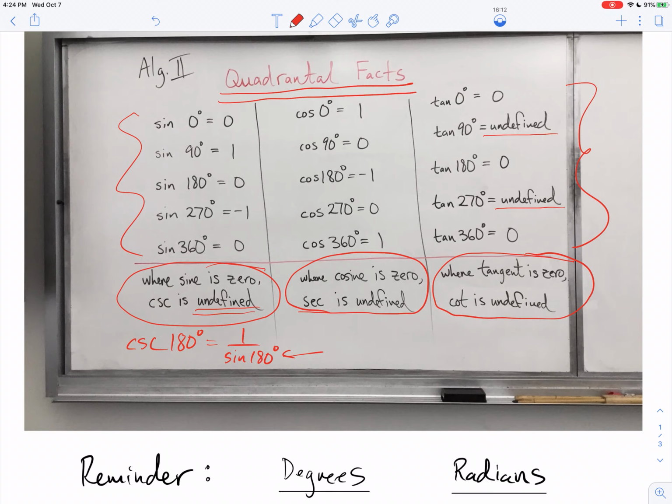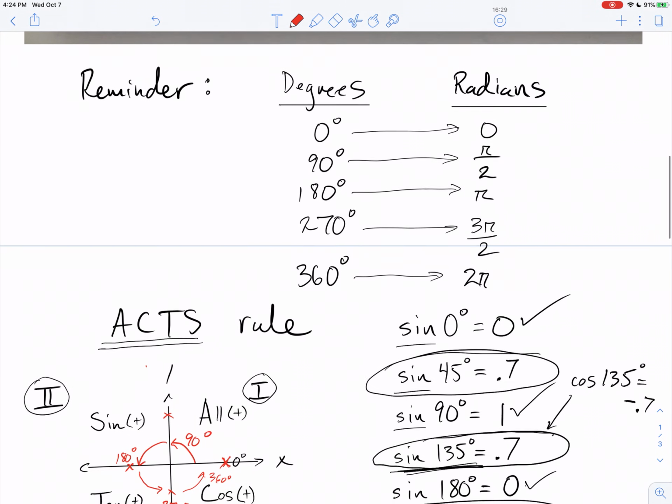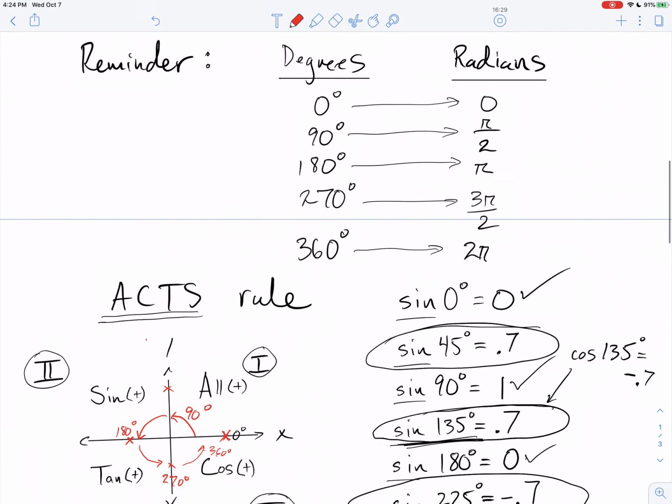And in the classroom, this is what I would show you, so that if you get stuck and you're like, why does my calculator say err? These are the guys that are going to do that to you. So let's talk a little bit about this. Not all angles are quadrantal, but the ones that are, well, 0 degrees, 90, 180, 270, 360.